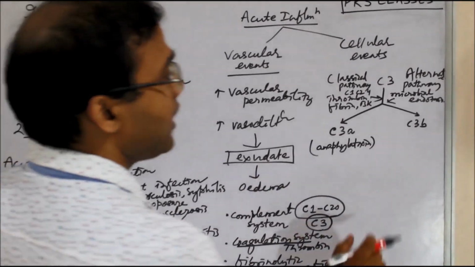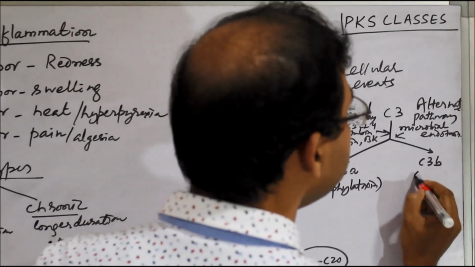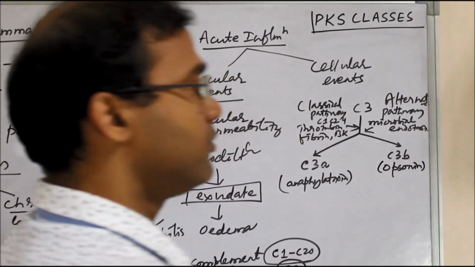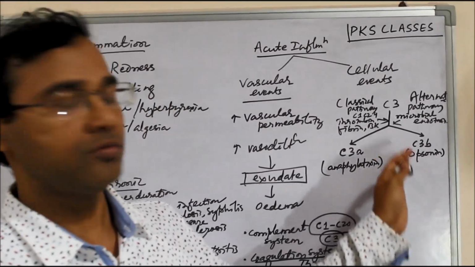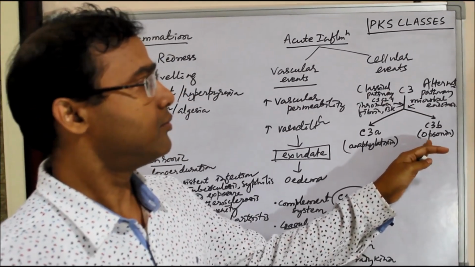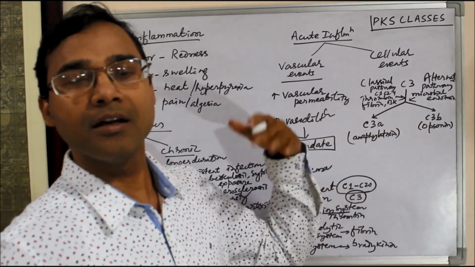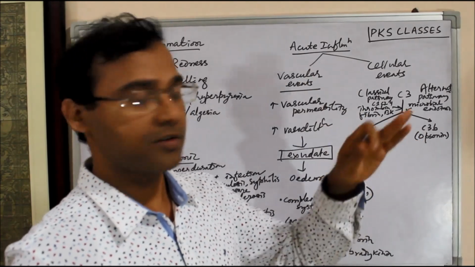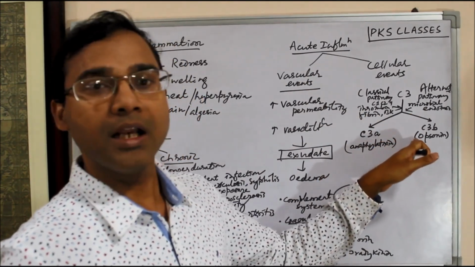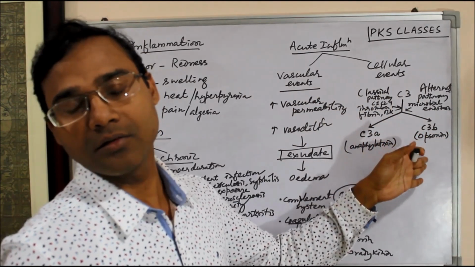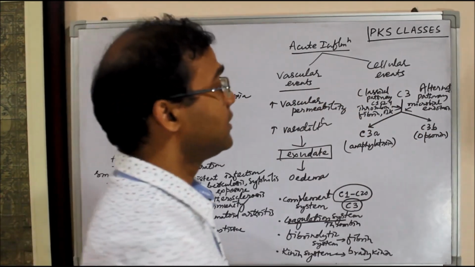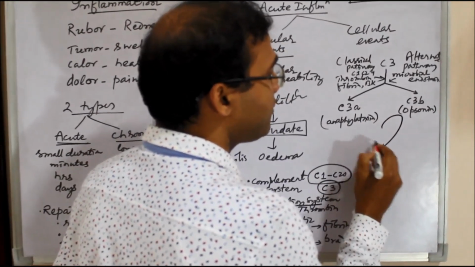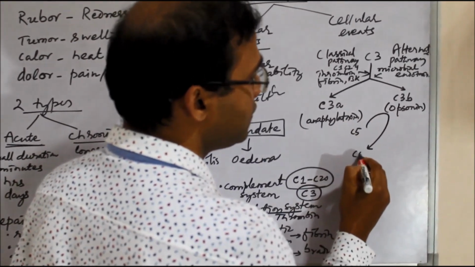Okay, and the C3b acts as opsonin because it binds to the monocytes and it binds to the microorganisms and causes their phagocytosis. The C3b also converts C5 to C5a.